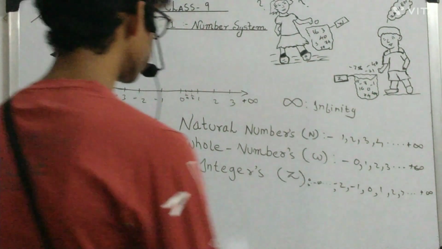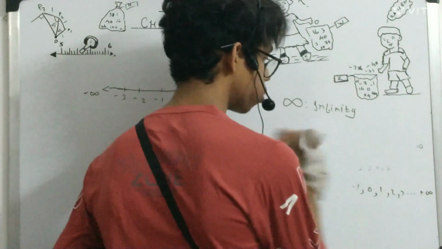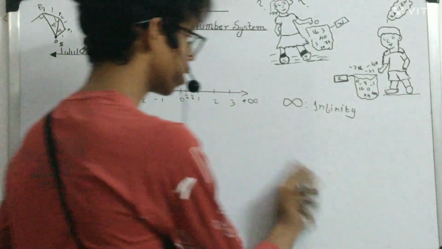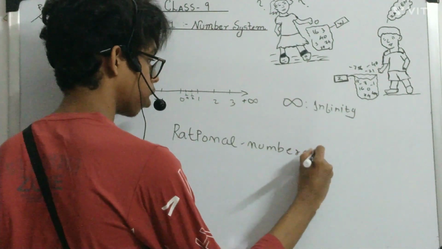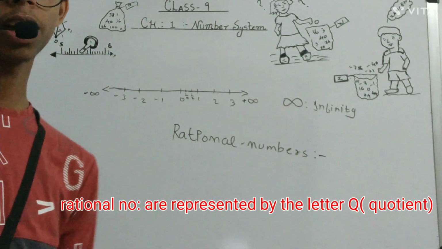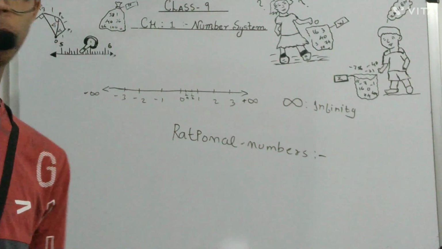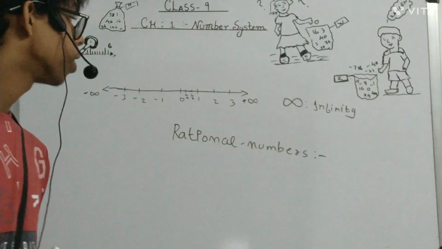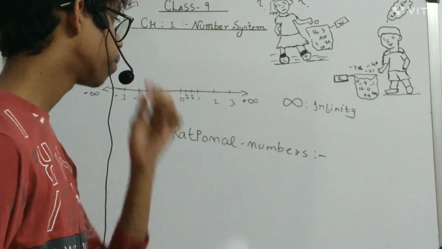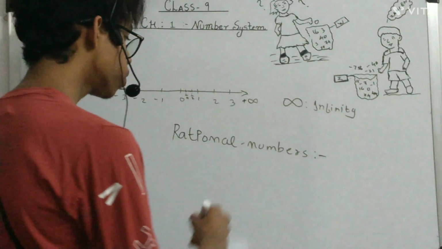Now the next classification, which you have also learned in your lower classes, is rational numbers. We know the definition: rational numbers are those numbers which can be written in the form of p by q, where p and q are integers and q is not equal to 0.